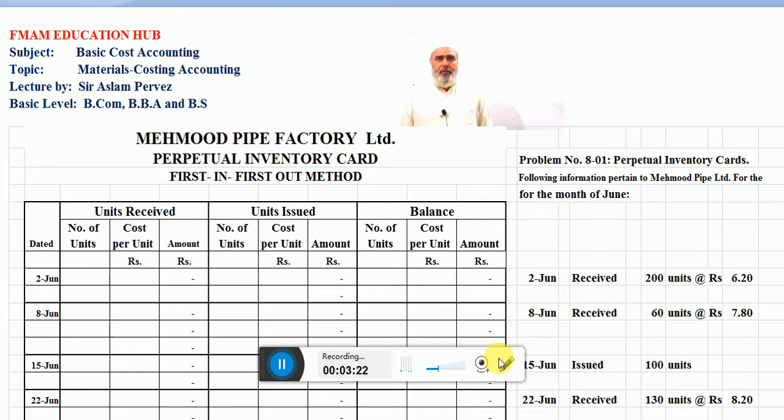Now students, let's move to our materials costing and accounting problem, which is in front of your screen.